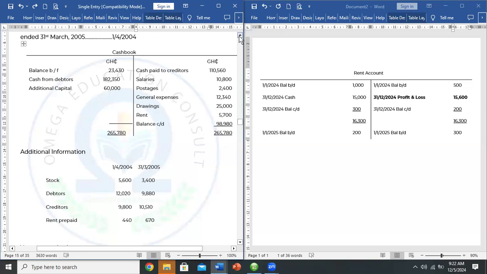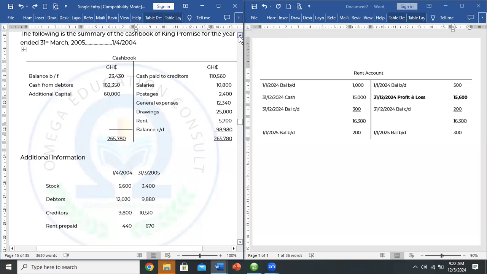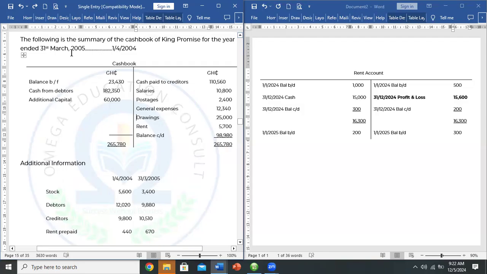Now, if you check this question I've put on the page, you see some expenses on the credit side here: salaries, postages, general expense, drawings, rent. Well, drawings is not an expense to the business, but to the owner, so we deduct it from the capital, right? Now, if you come here, you see information on stock, debtors, creditors, and then rent prepaid, a balance at the opening and a balance at the closing.